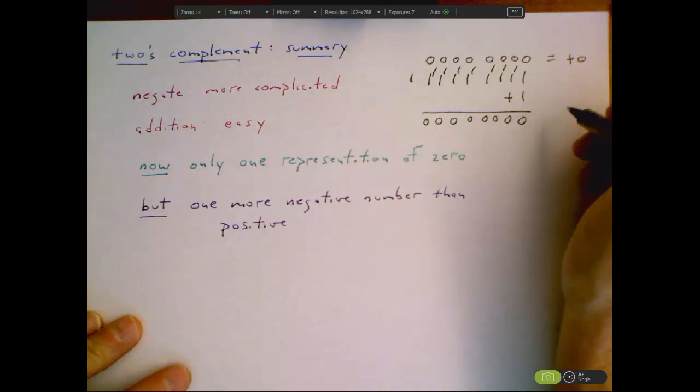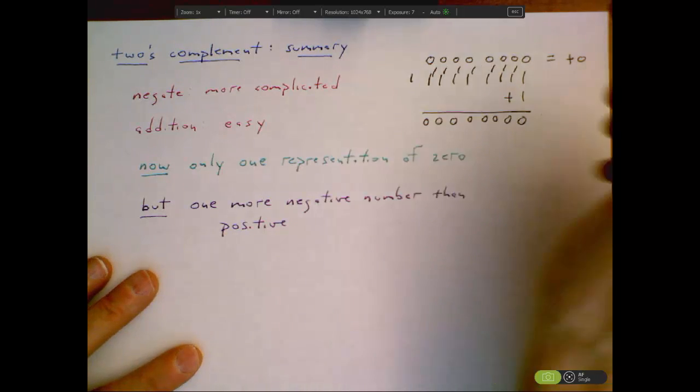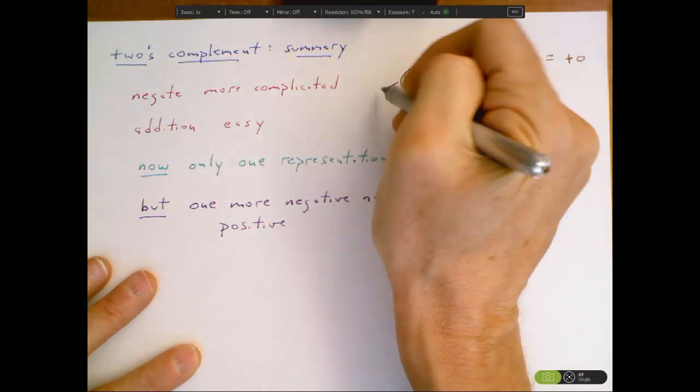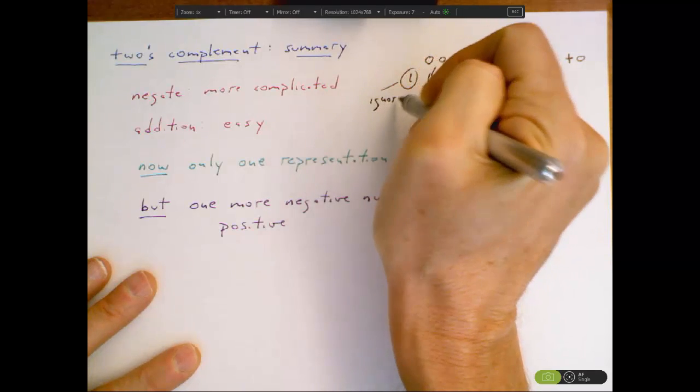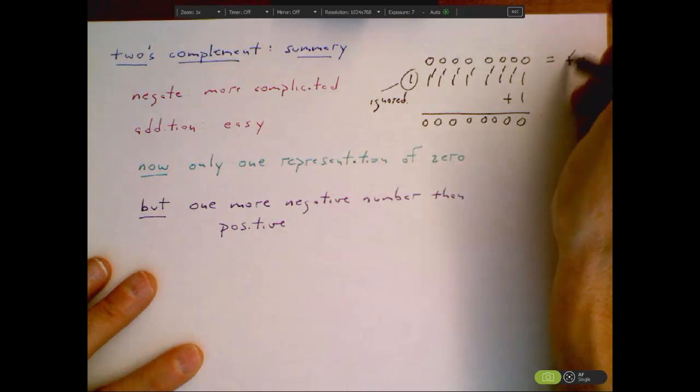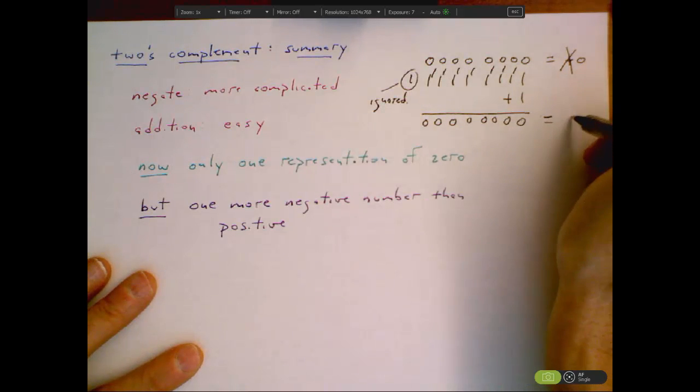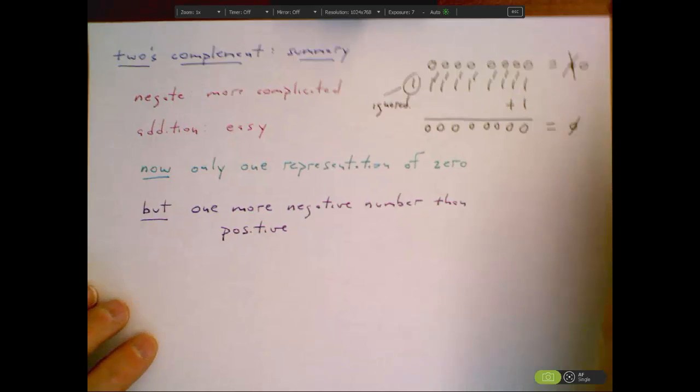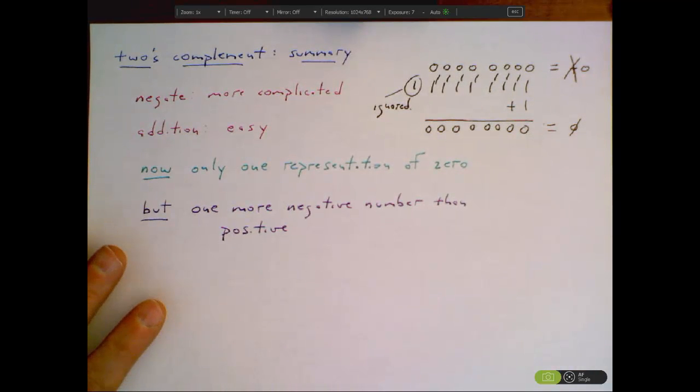So I get 0 right back again. Okay, because this, of course, is ignored. So there's really no plus 0 and minus 0. There's just 0. Okay. That's a nice property. Now I only have one 0-bit pattern to worry about.